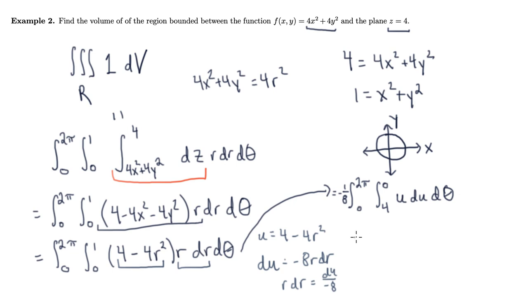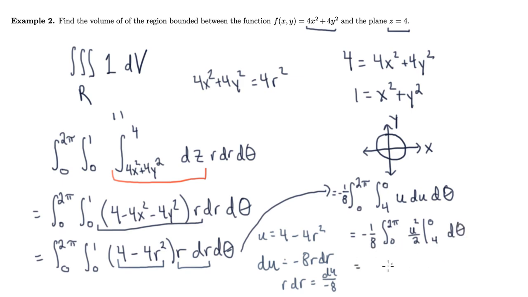All right, so what do we have? We have negative 1/8 times, here let's just go ahead and write out all these details. So 0 to 2 pi, and then here we have u squared over 2 evaluated from 4 to 0, which I said is just going to give us negative 8, and then d theta.